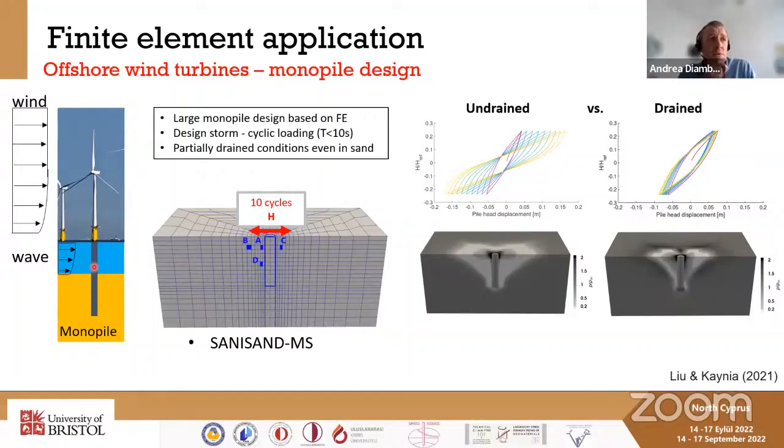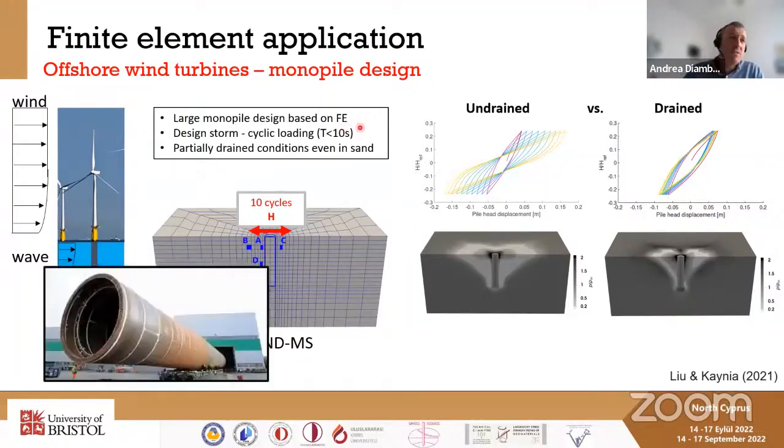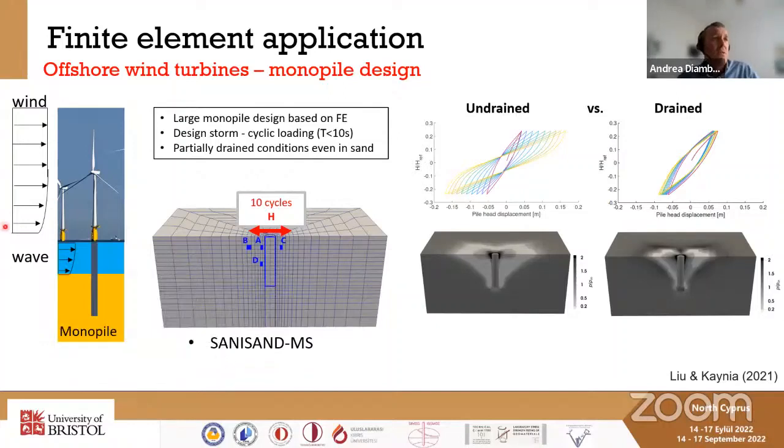Now, the design of these monopiles is recently based on FE. And why? Because these monopiles are very, very large. If you want to picture the size, we are now reaching diameters of about 10 to 12 meters. The length of these monopiles can easily reach about 100 meters, because they are typically installed 30, 40 meters into the soil, and let's consider we have 40, 50 meters of water depth.